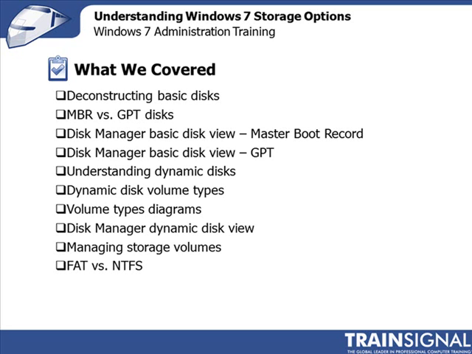You learned about the different types of volumes, including RAID 0 or striped, span disks, RAID 5 or parity disks, which you can't use in Windows 7, and mirrored disks, which are RAID 1. You then got to look at Disk Manager with dynamic disks in place, and then we went over to talk about FAT and NTFS, which you'll be getting a lot more exposure to later in this course. Finally, we ended by covering some walkthroughs of storage management in Windows 7.